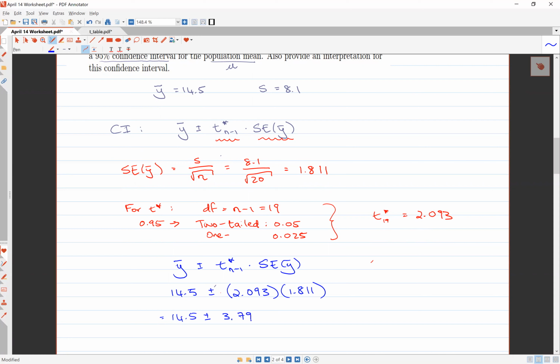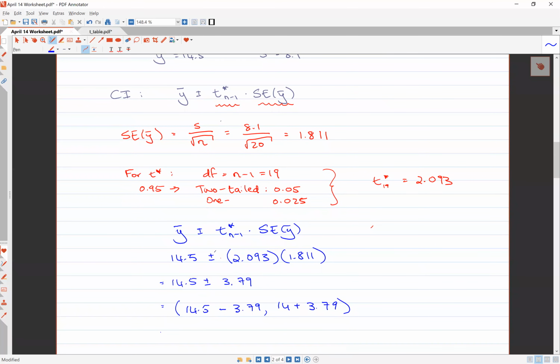That's 3.79. So that means my confidence interval is 14.5 minus 3.79 and 14.5 plus 3.79. We can use the convention of writing it in parentheses. That just tells us what the span of values are. So my 95% confidence interval is the values ranging from 10.71 to 17.79.